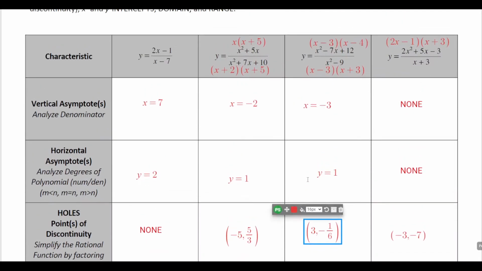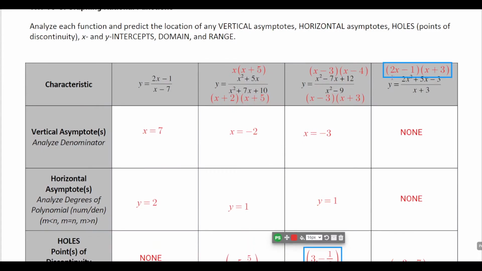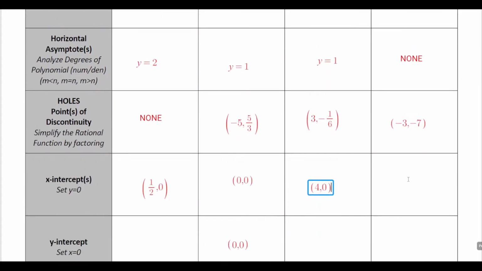And for the last one, we can ignore the x plus 3's and just figure out what makes this 0. So that'd be 1/2. So we get actually the same x-intercept as the first one here. Oh, try to type that in there. There we go. Okay.